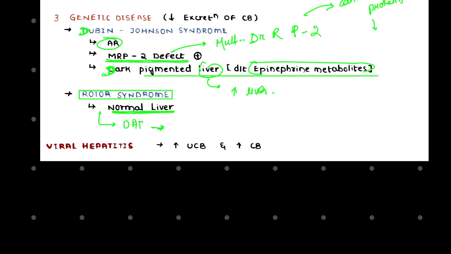Rotor syndrome is because of a defect in OAT proteins, the organic anionic transporters, because of which there will be no passage of conjugated bilirubin, and it results in these things.